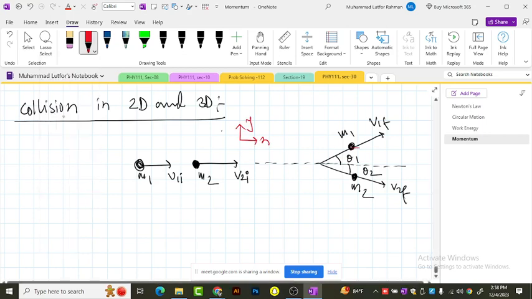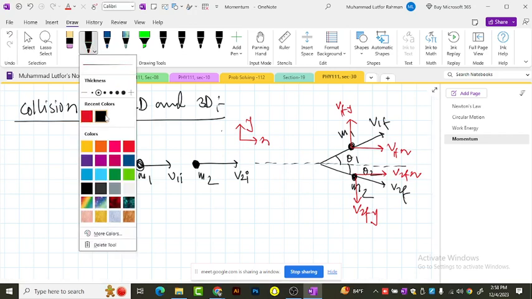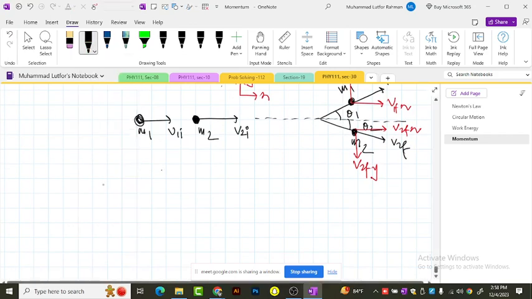Then this would be v1fx, this would be v1fy, this should be v2fx and this should be v2fy, right?